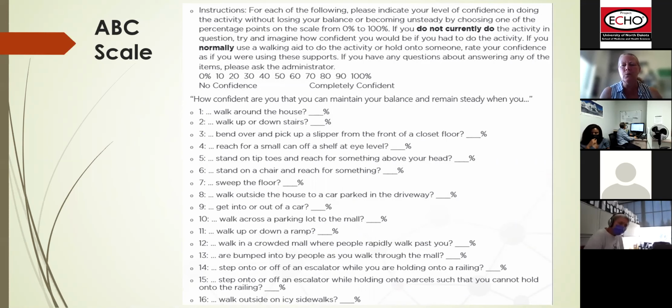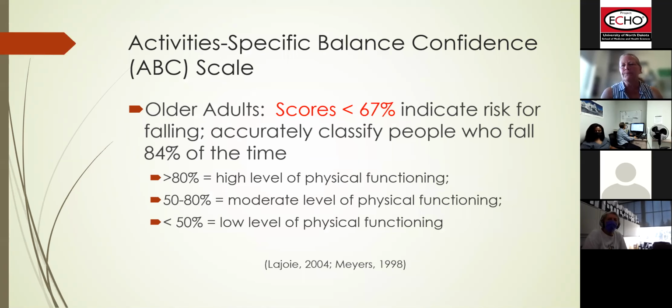So I'll let you guys read through. It's a pretty easy, pretty standardized confidence scale that you can use. If you decide to use this on your client, if they score less than 67%, it would indicate a greater fall risk. And it has been shown in the literature to accurately classify people who fall about 84% of the time. So people have found this to be a very useful tool.